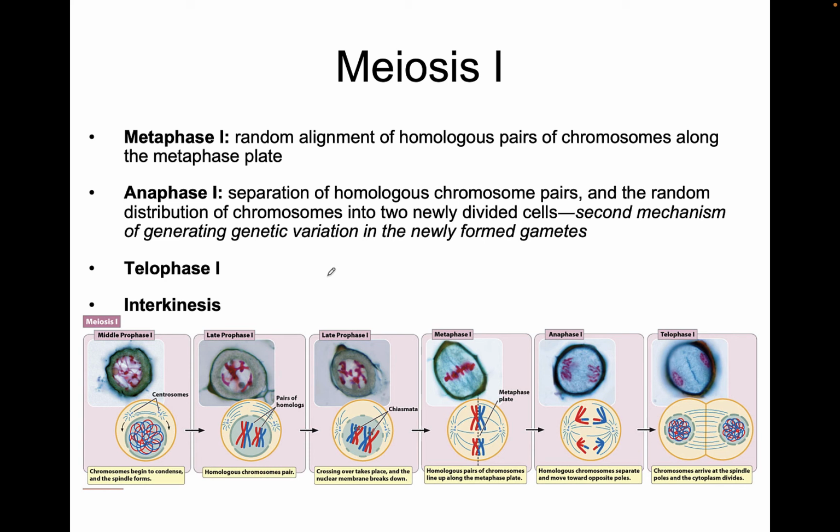This is the second mechanism of generating genetic variation in newly formed gametes, because how they line up at the cell plate can produce a different variation. Then we have telophase I. This is where the chromosomes arrive at the spindle poles and the cytoplasm divides.